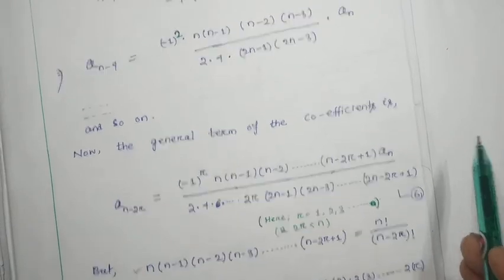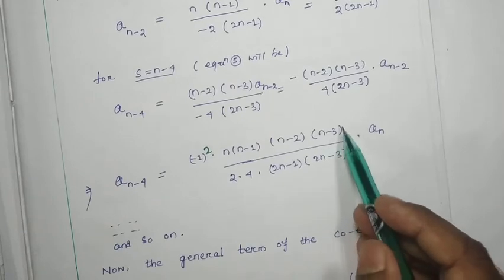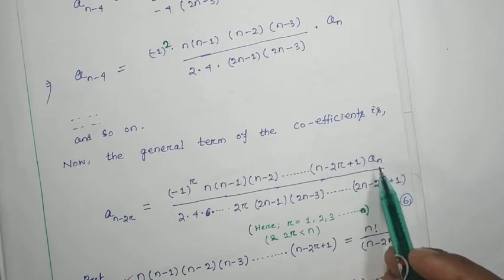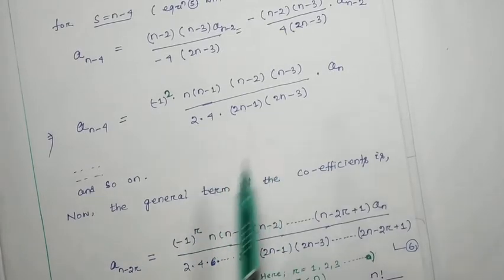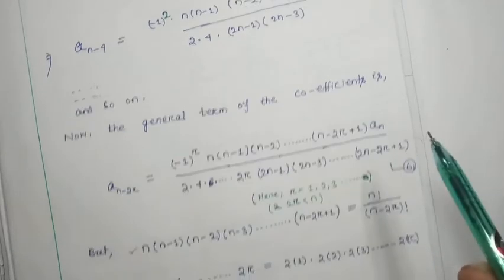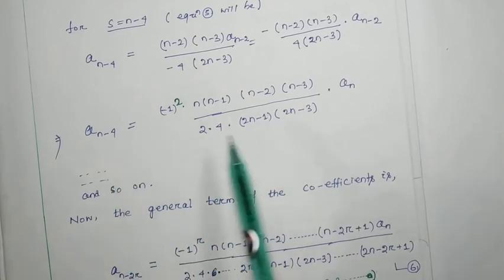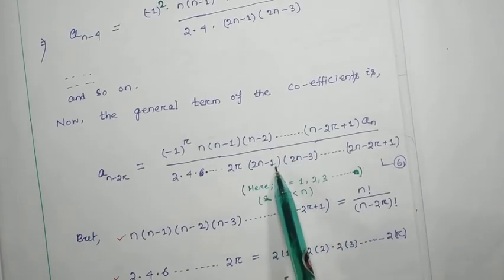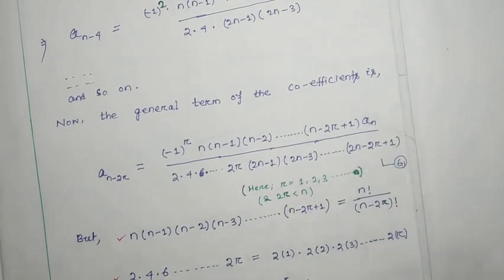You can see that n minus 4 plus 1 will be n minus 3. So hence we can write n minus 2r plus 1 into a n whole divided by 2 into 4, so it can be moved up to 2 into 4 into 6 up to 2r. Here you can see that it has gone up to 2n minus 1, 2n minus 3. So we can write similarly 2n minus 1, 2n minus 3 up to 2n minus 2r plus 1. Let it be equation number 6.